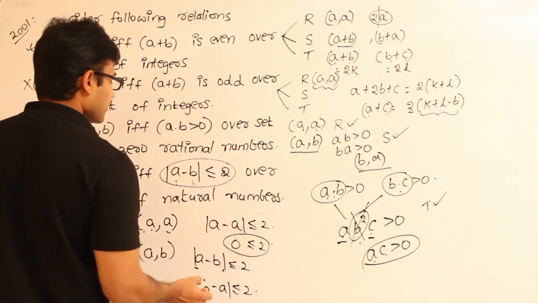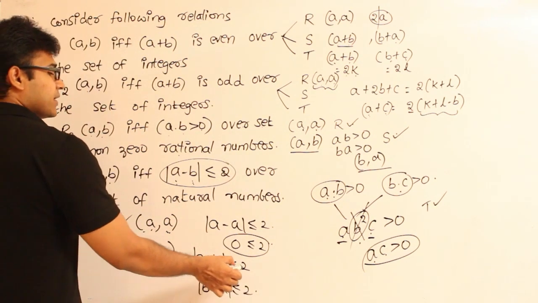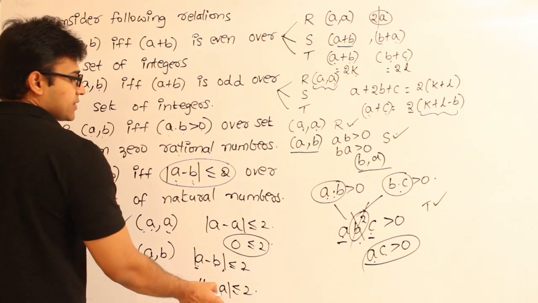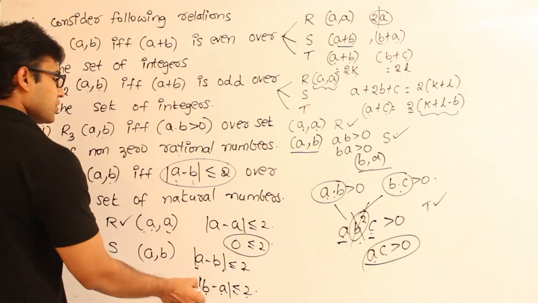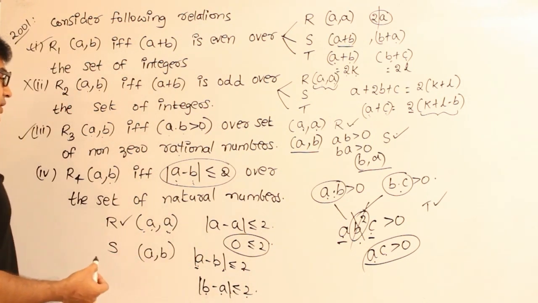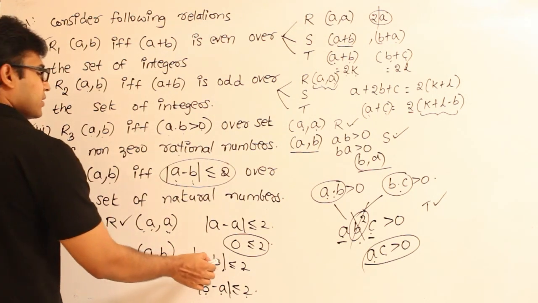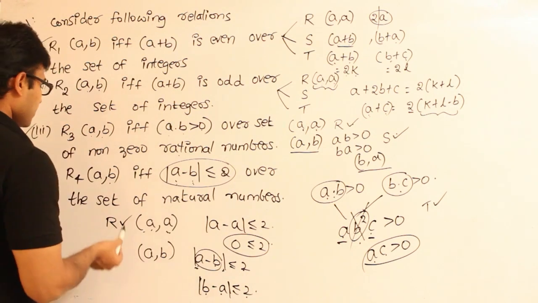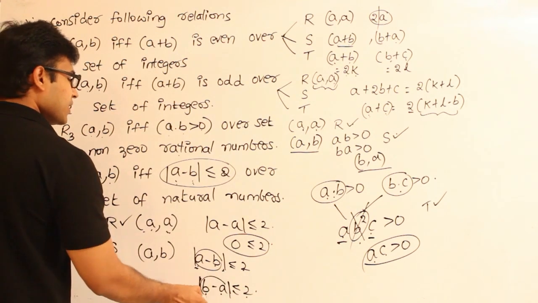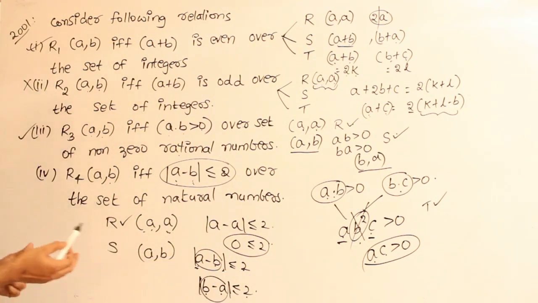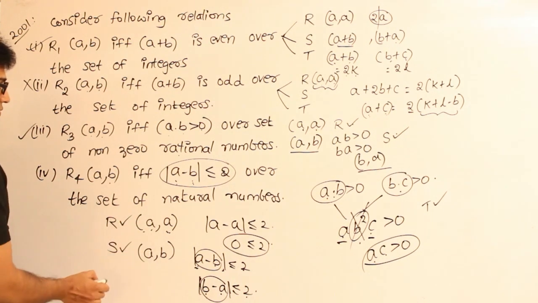It doesn't change anything. So if a minus b is less than or equal to 2, then b minus a is also going to be less than or equal to 2 because we are taking the modulus, right? So we can say that if a comma b belongs to the relation R4, then b comma a will also belong to R4. So it is symmetric.